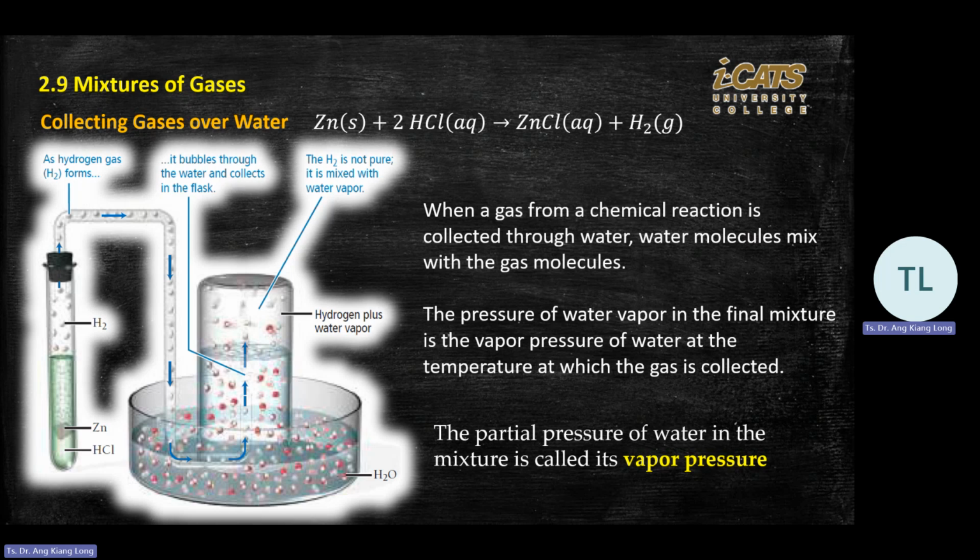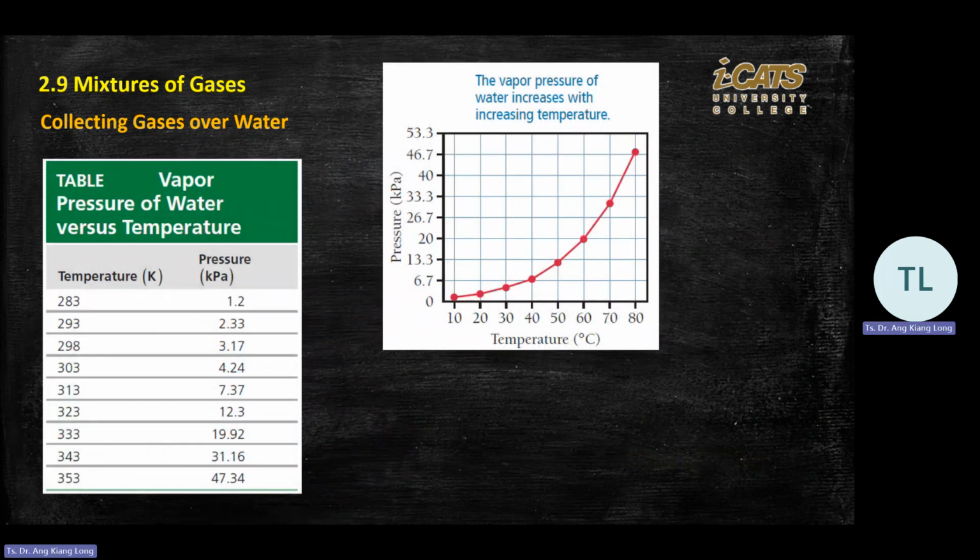So partial pressure. Just now we studied partial pressure. I just want you to know one word called vapor pressure. Vapor is referring to water molecule. Partial pressure of water in the process is called vapor pressure. So for vapor pressure of water, you have a standard chart that I give you in the tutorial question.